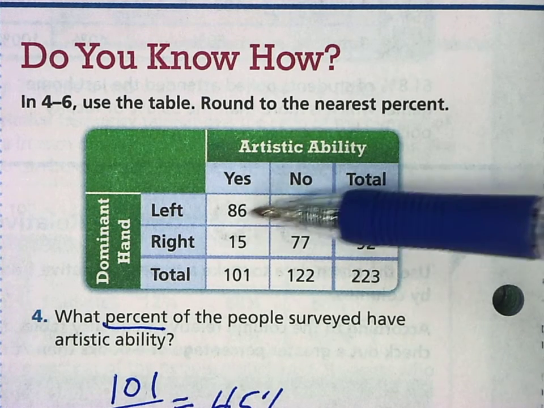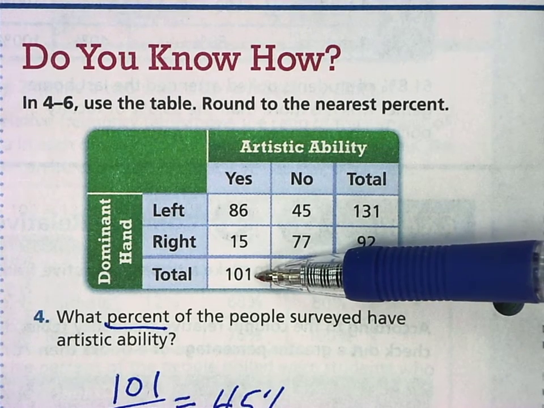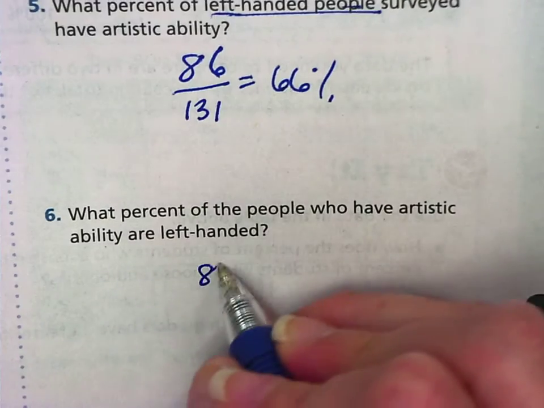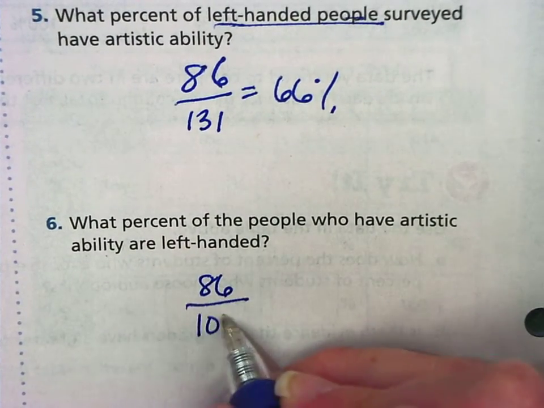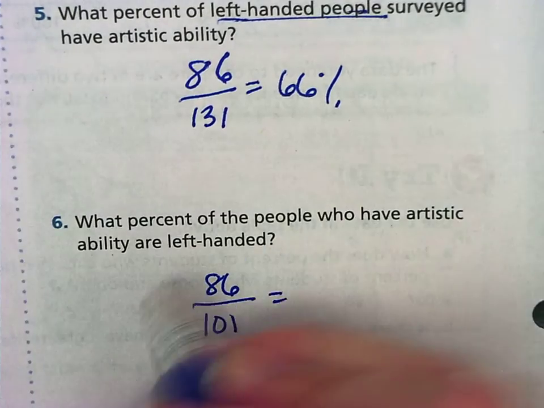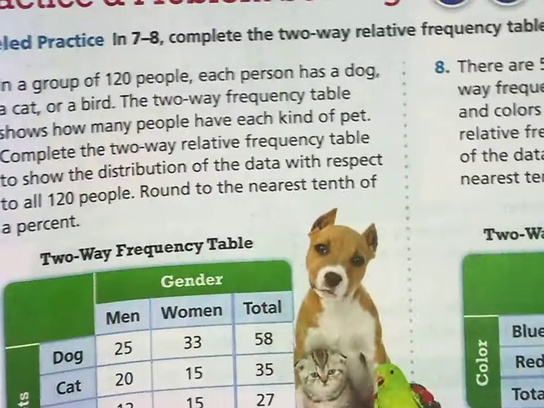Well, that would be 86 out of 101 people that said they were artistic. So we're going to do 86 divided by 101. Remember, you have to move the decimal 2 to the right to change it into a percent, and then round, 85%.